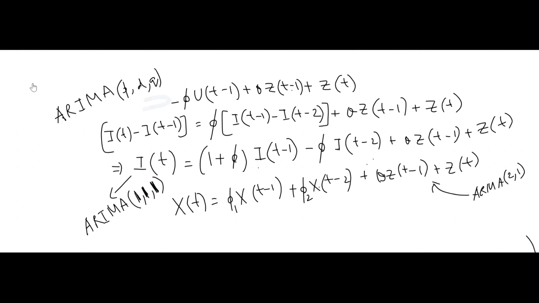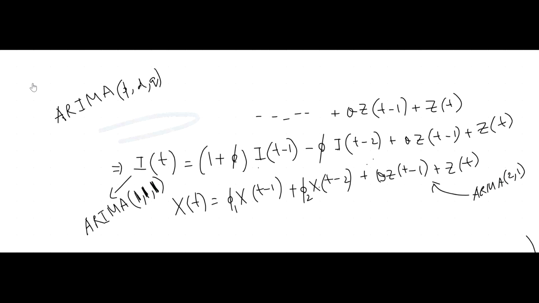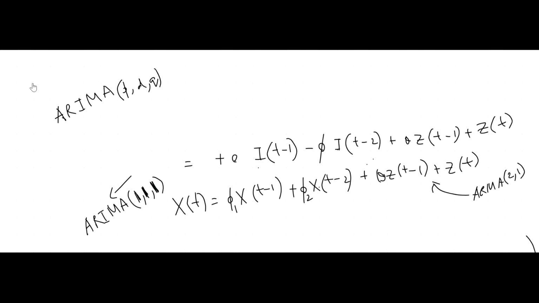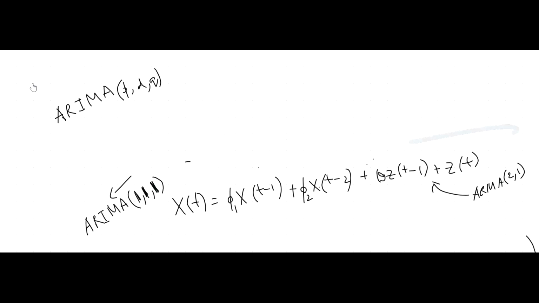ARIMA processes are not the same as ARMA, because the autocovariance function of ARMA has the property that it generally decays rapidly. On the other hand, recall that U_t, the differenced process, is ARMA, but the original process I_t is not ARMA, it is ARIMA.